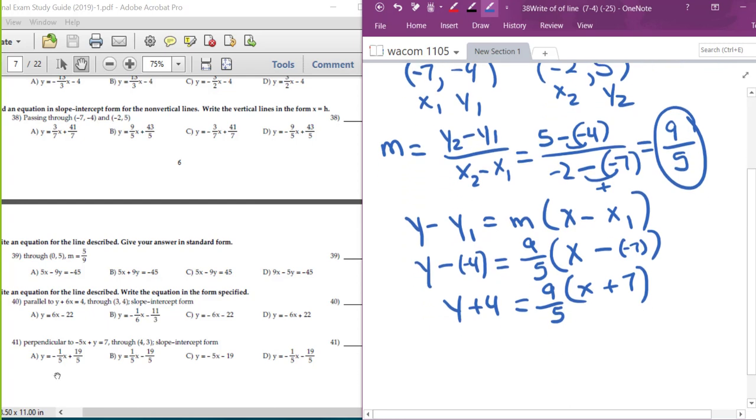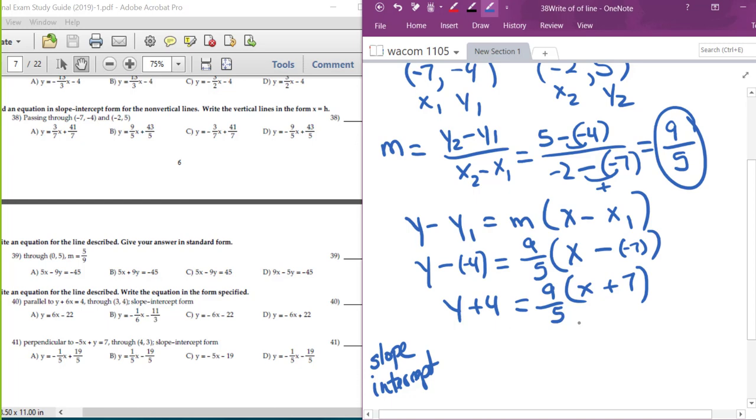Let's look and see what they asked us for. And we are doing this one, 38. They ask us for slope intercept form. So we're going to have to just do a little work here. To get to slope intercept form, I would first clear the fraction because I don't want to have to change 4 and get a common denominator, which I would have to do if I don't.